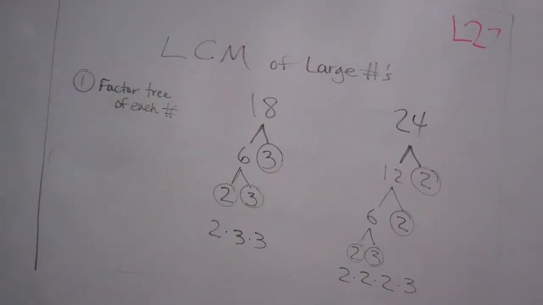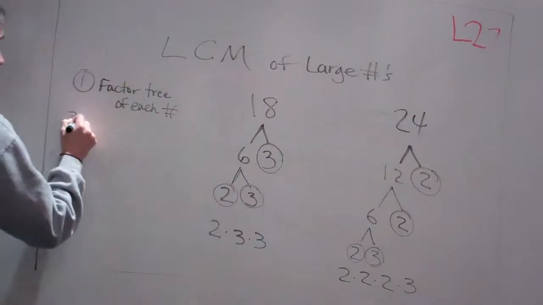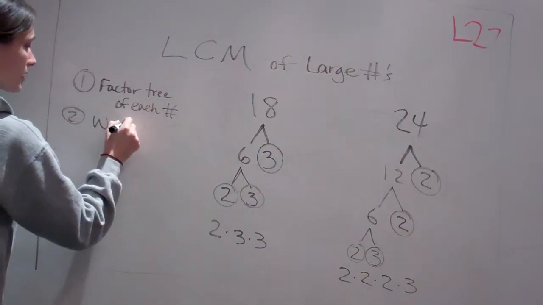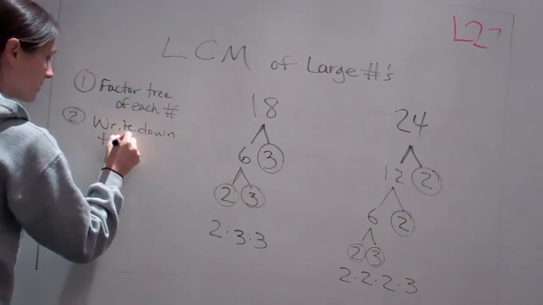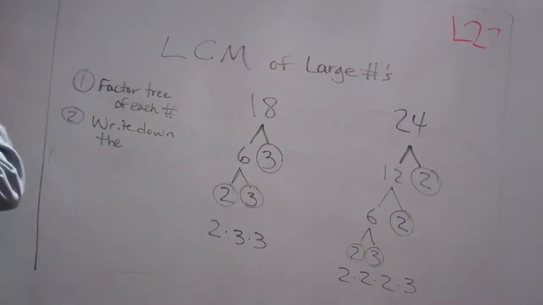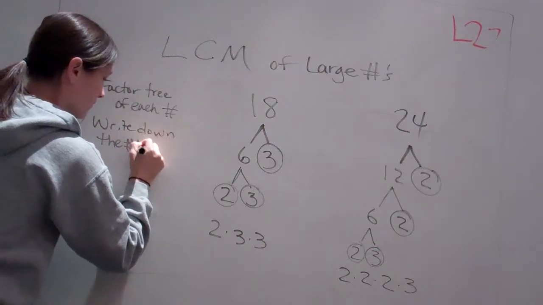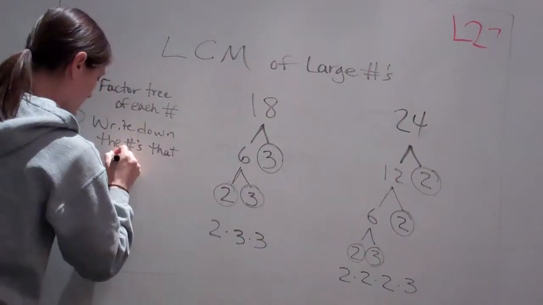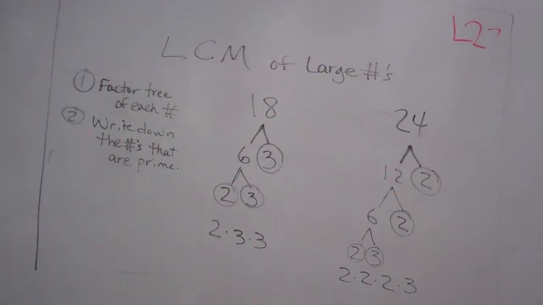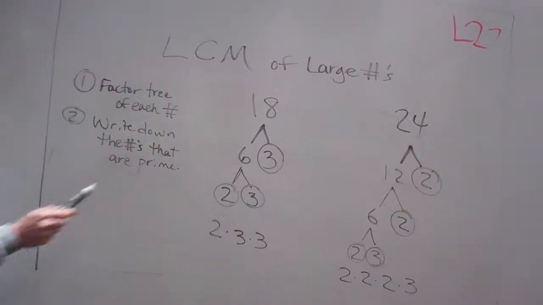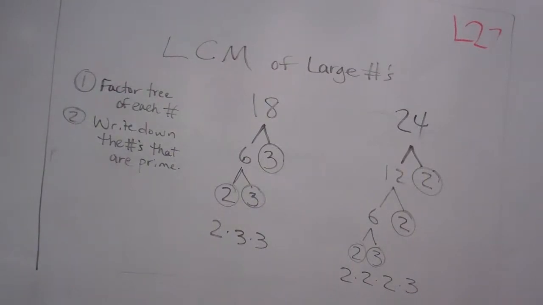Now, once you get your answers, your second step is to write down the numbers that are prime. Okay? So walk this with me. What numbers do we have down here? 2 and 3, right?